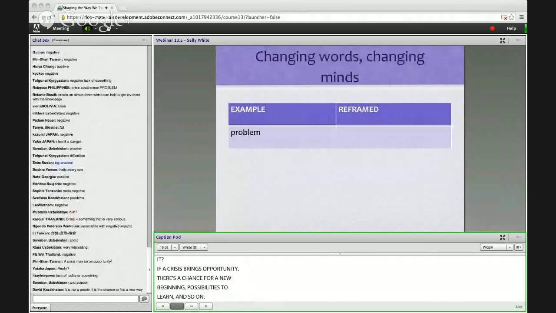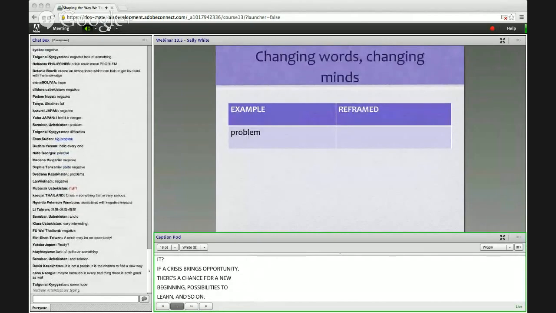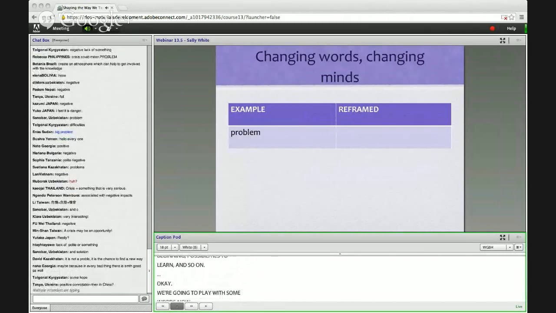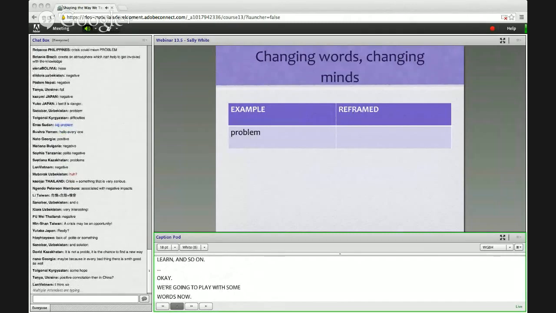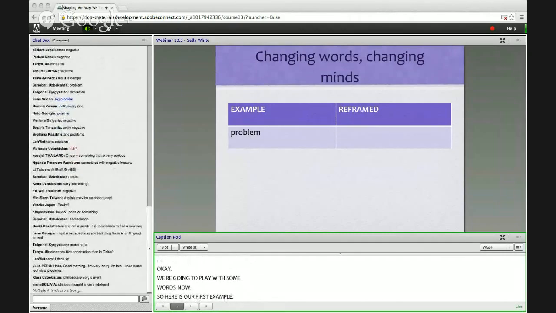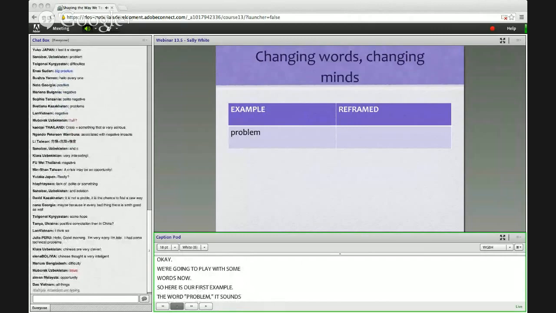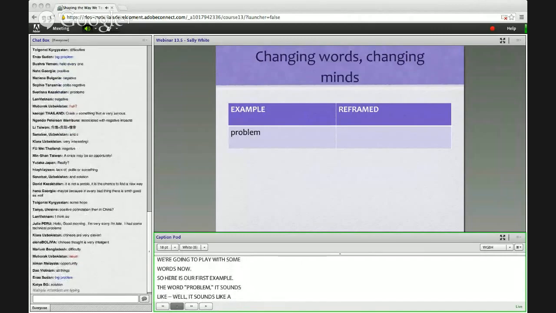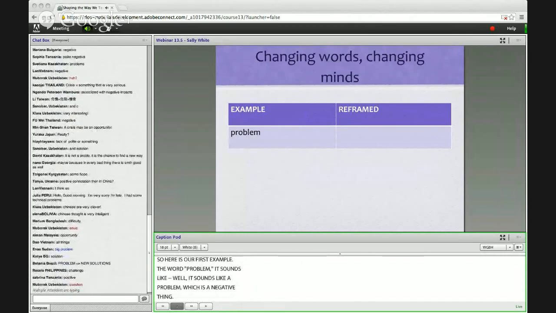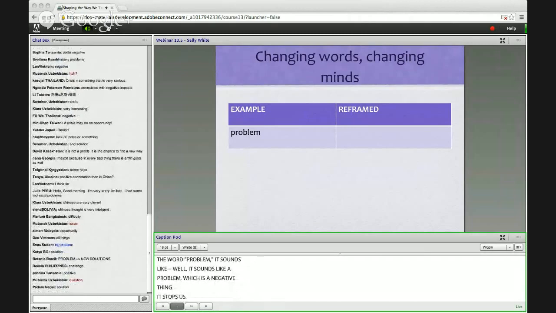Okay, we're going to play with some words now. So here is our first example. The word problem. It sounds like, well, it sounds like a problem, which is a negative thing. It stops us. If we have a problem, we stop. We don't know what to do, right?